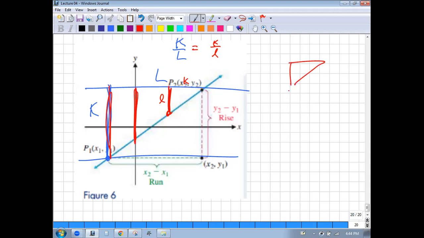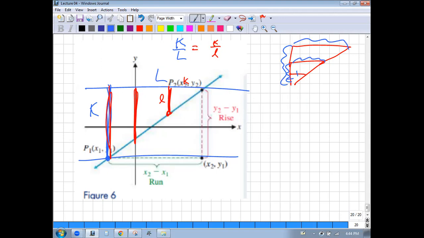If you have a triangle, or a triangle, these are all similar triangles. They're the same triangle, just bigger or smaller, right? The angles don't change. The ratio of this side to this side is the same as the ratio of this side to this side, which is the same as the ratio of this side to this side.